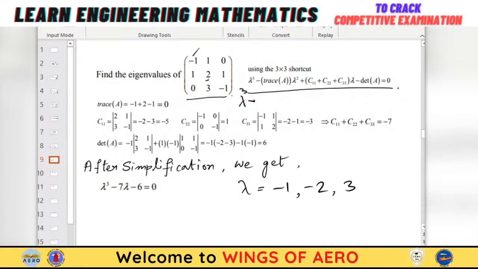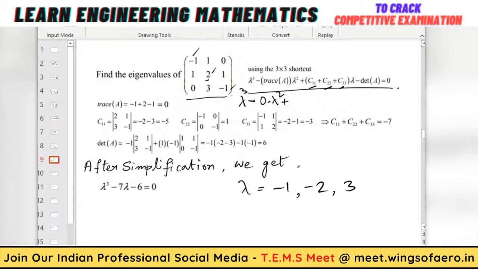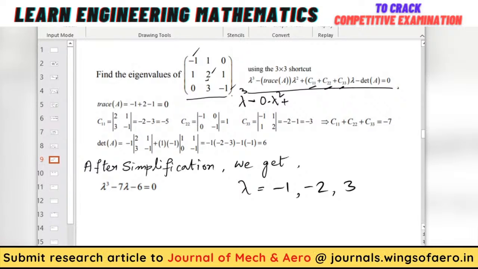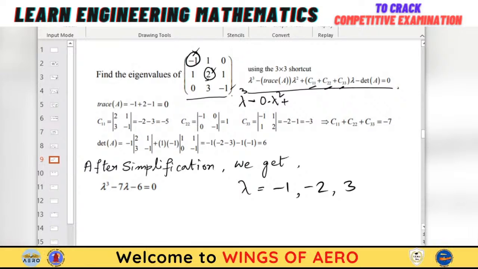The trace of A, that is summation of this plus this plus this, it is 0. 0 into lambda square plus C11, C22, C33 of lambda, and C11, C22, C33 are the cofactors, or you can say also minors. C11 is this element, C22 the minor of this element, C33 is the minor of this element.